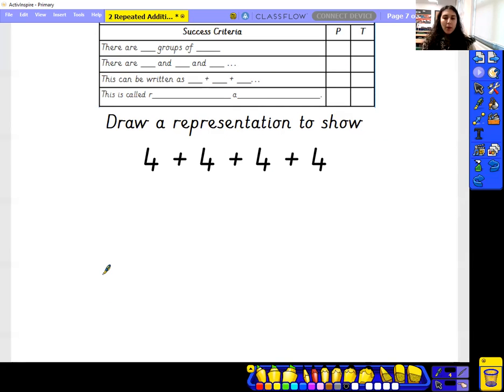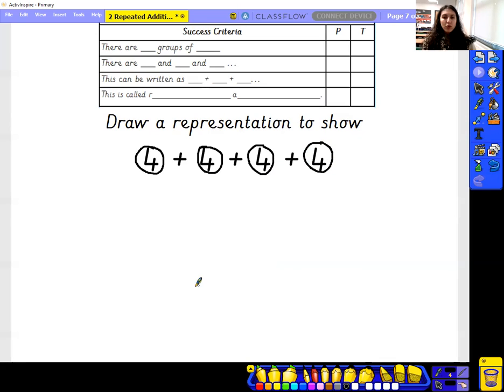Remember, if you need some thinking time, you can always pause the video. Lovely. I know how many groups I need by looking at how many times my number 4 has been written. So I've got 1 group of 4, 2 groups of 4, 3 groups of 4, 4 groups of 4.